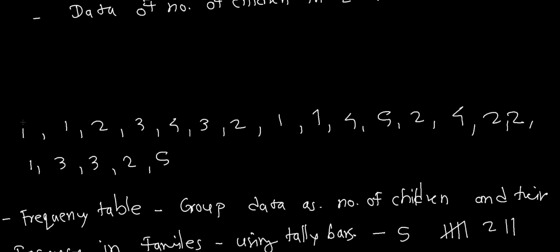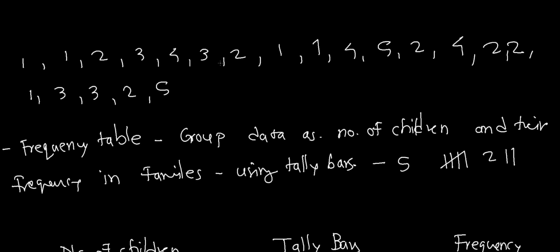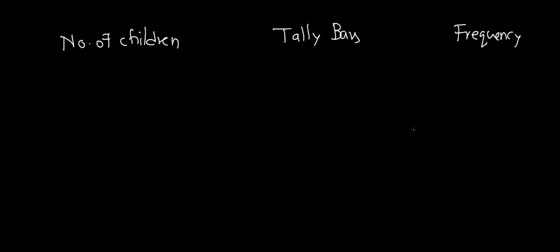So by looking at this data, as you can see, there is 1 2 3 4 and 5, max up to 5 children, but families are 20. So how will we represent this data? Using a frequency table, and for this frequency table we are going to use tally marks or tally bars.